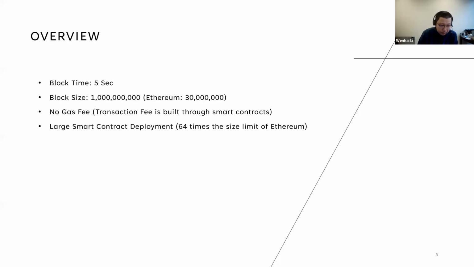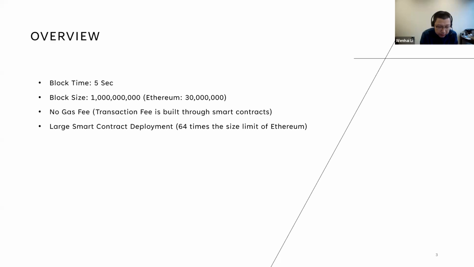In the very beginning, I would like to emphasize some differences between Toronet and the traditional blockchain, and also give you some technical details. I think this will be useful for you when you try to develop some applications on Toronet. The first thing: the block time for Toronet is 5 seconds.